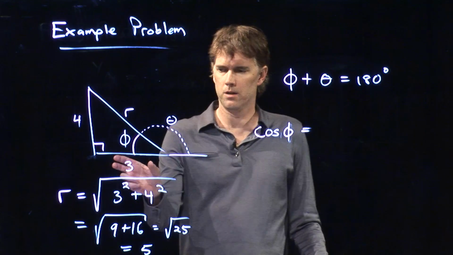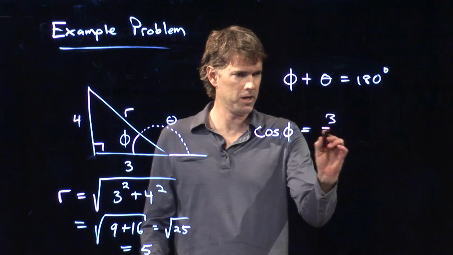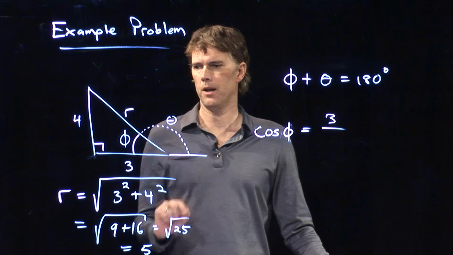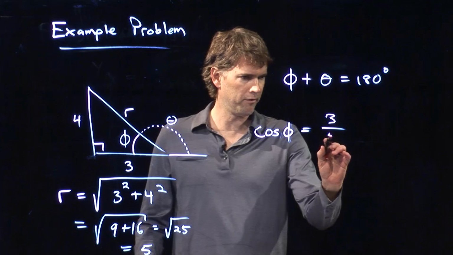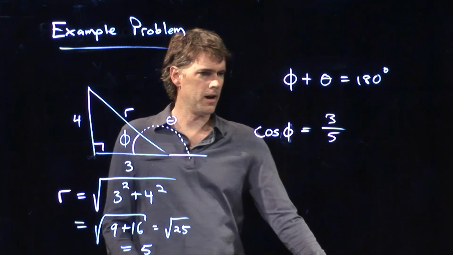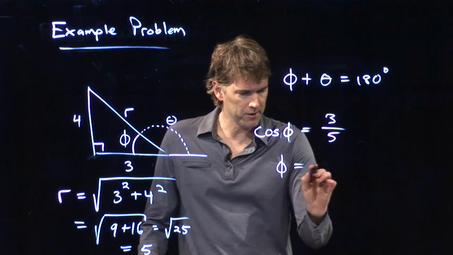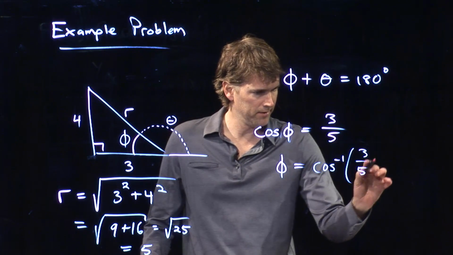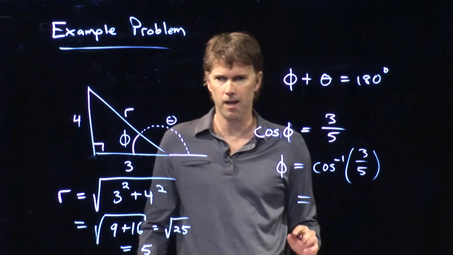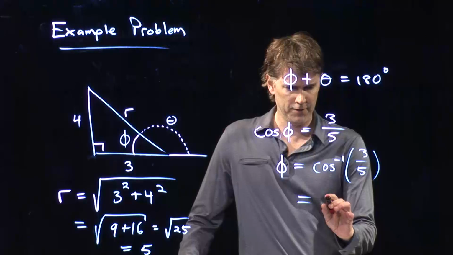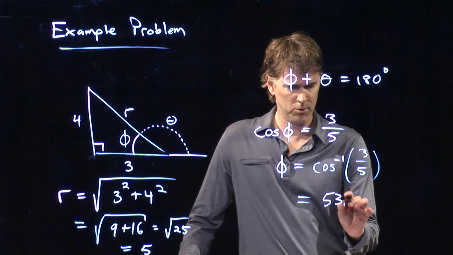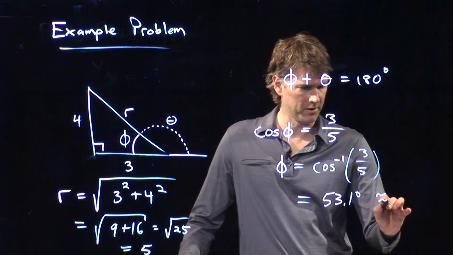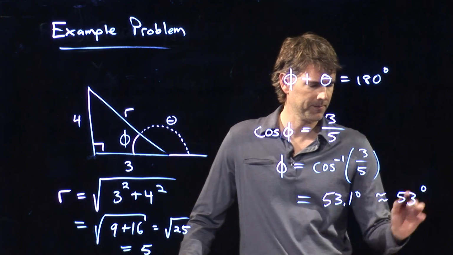So cosine is going to be adjacent, which is 3, divided by the hypotenuse r, which we said was 5. All right, so you can plug this into your calculator, take the arc cosine of 3 over 5, and what do you get? Anybody have their calculator with them? 53.1 degrees. All right, let's just call that 53 degrees.